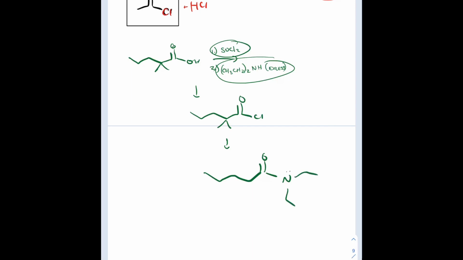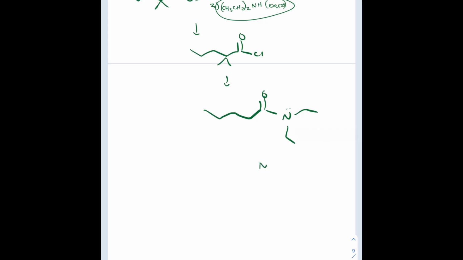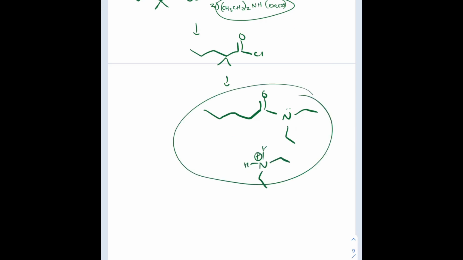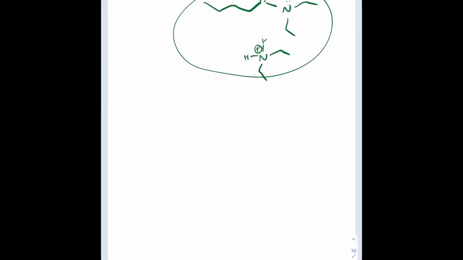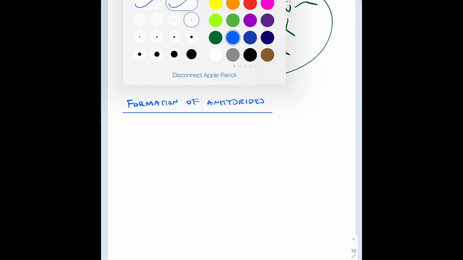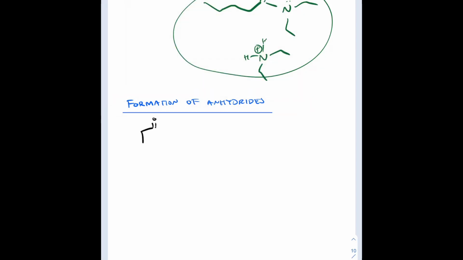And then after that, an amine just substitutes for the chloride, ultimately making an amide. And so these types of reactions should be pretty easy for us, but we just have to be aware of what each reagent does. Otherwise, we're kind of screwed in the end. So get to know those reactions really well so they come to you very quickly.